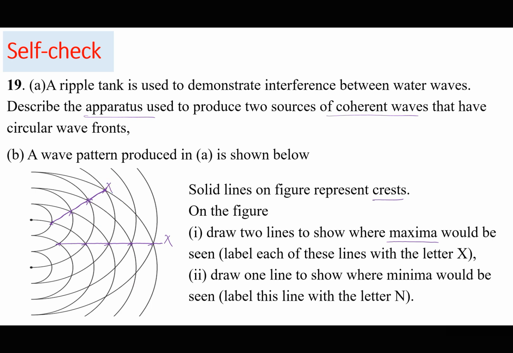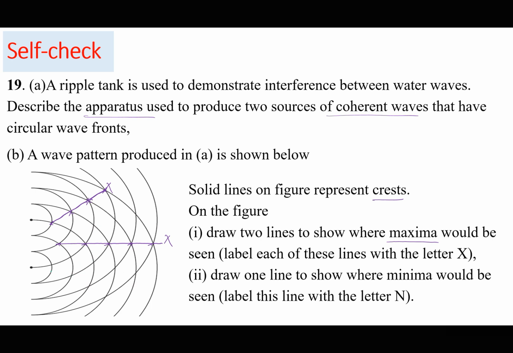So that is X. Then draw one line to show where minima would be seen. Of course, for minima, we have a crest meeting a trough. Between two crests, we expect there to be a trough. For example, here, I'll just choose simple points.